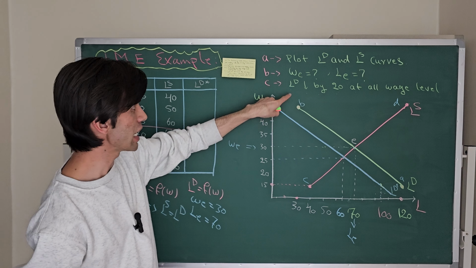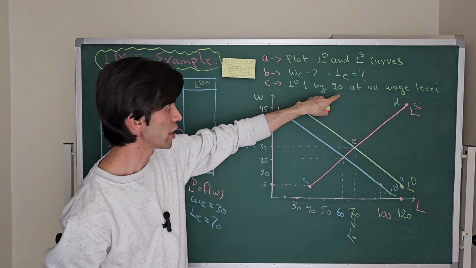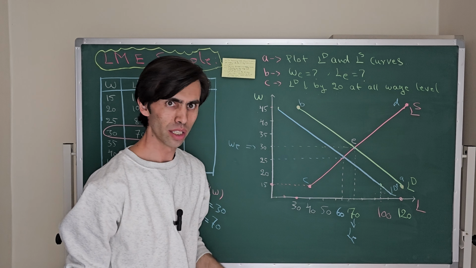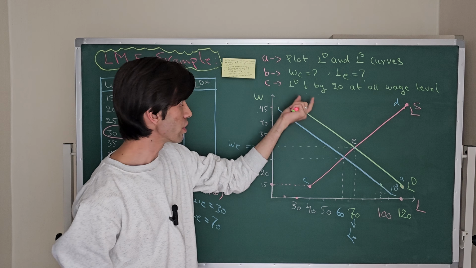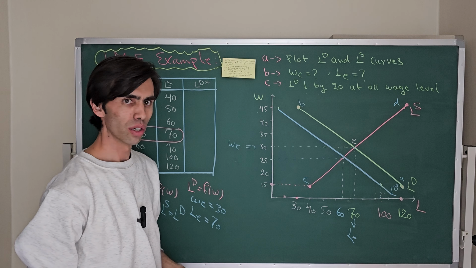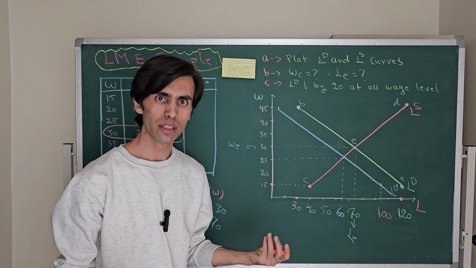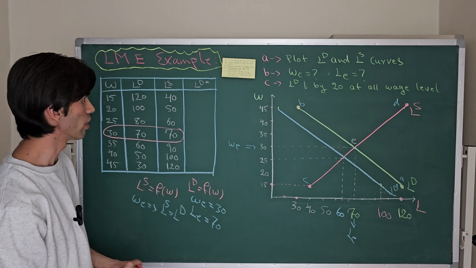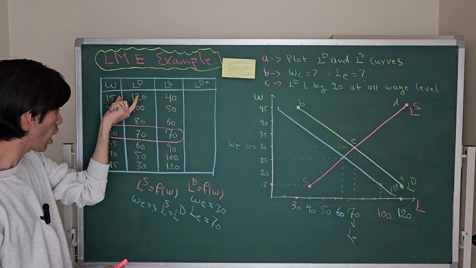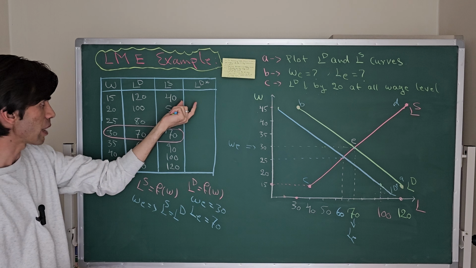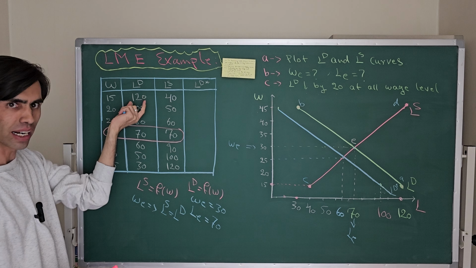Let's move to C. It says if the labor demand decreased by 20 at all wage levels, find out the new equilibrium wage level and labor quantity. It says labor demand decreased by 20, so at all wage levels, we have to subtract 20 from the current labor demand.